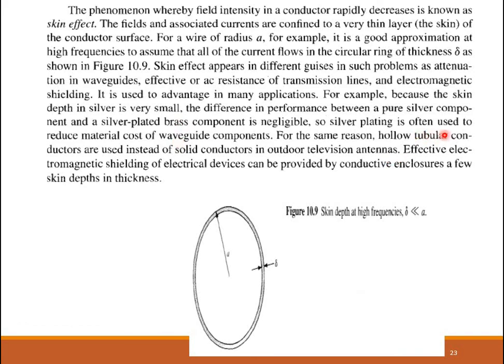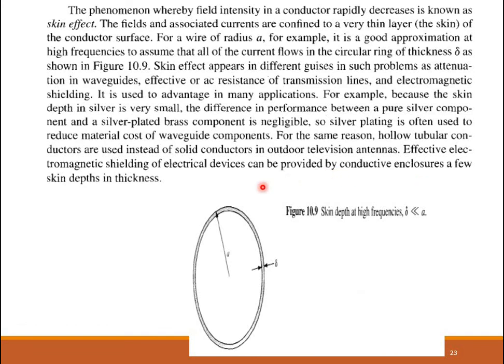And hollow tubular conductors are used instead of solid conductors in outdoor television antennas. That is again because of skin effect. And normally, for all electrical devices, effective electromagnetic shielding is provided by suitable enclosures.